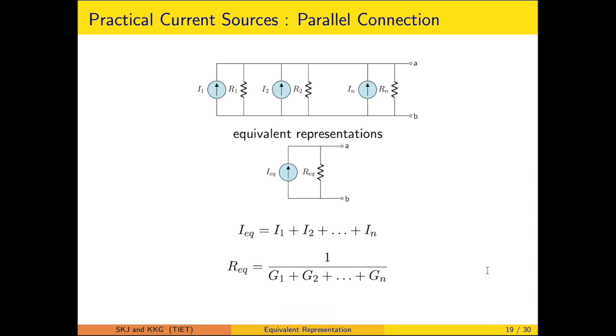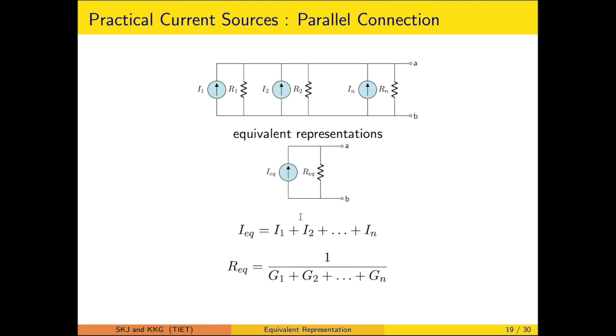Now, when practical current sources are connected in parallel, the representation will look like this. We have already seen that when a number of current sources are connected in parallel, they will simply be added, forming the I equivalent. R1, R2 up to Rn are the resistances connected in parallel.